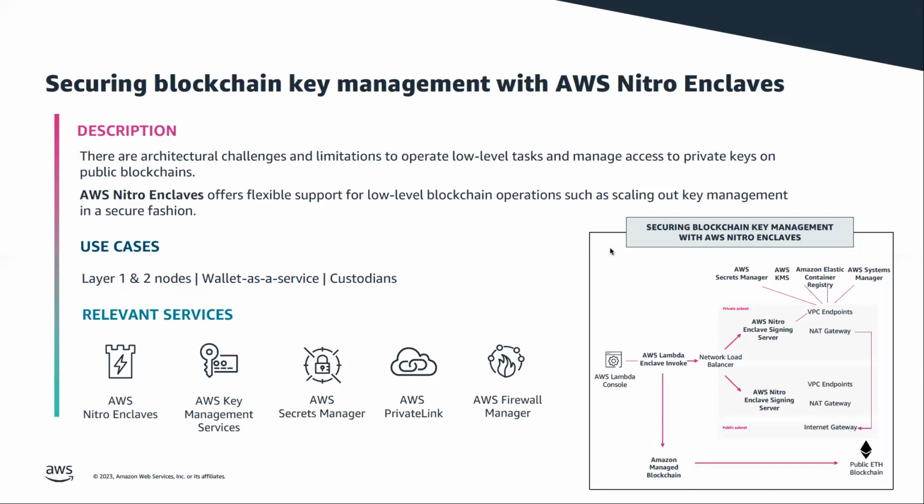I will end the presentation by sharing some reference architectures from our customer use cases. We have Nitro Enclaves, an isolated environment that allows you to isolate the CPU and memory as well.